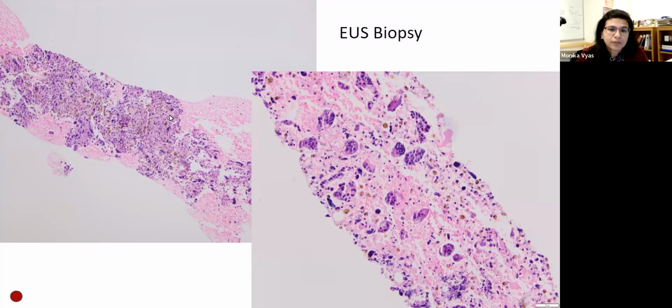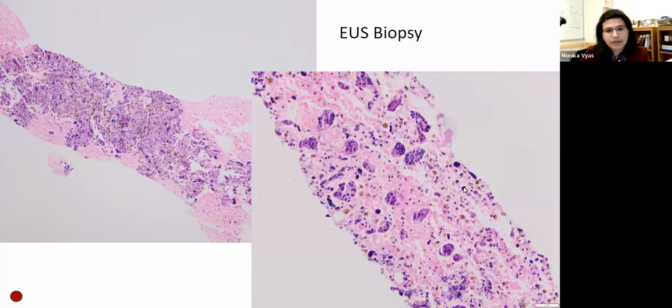You can appreciate the pleomorphism in this neoplasm. You can see that the cells are of varying sizes. The higher power view here shows that many of these cells are actually multinucleated giant cells. And then in the background, again, you can appreciate smaller, highly atypical cells, which have a very high NC ratio.